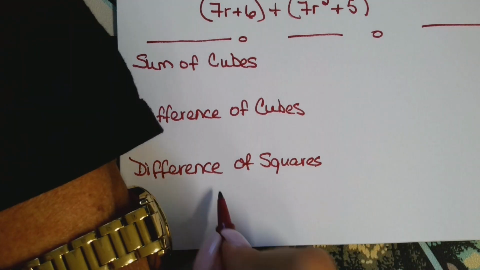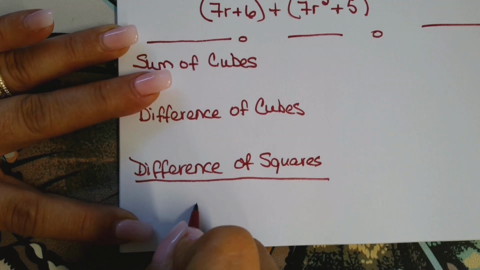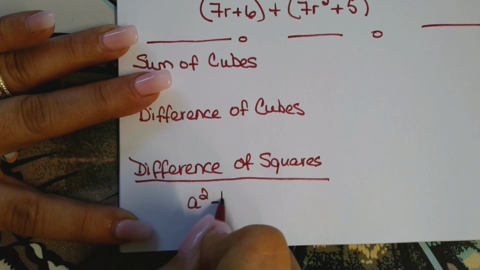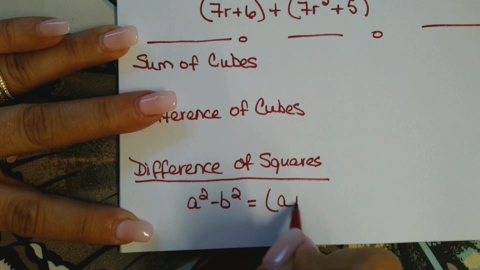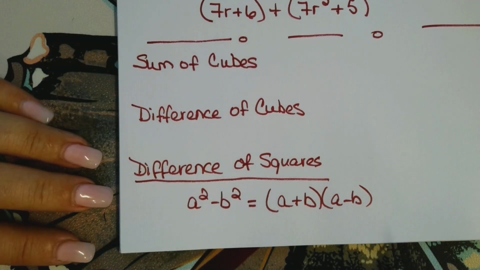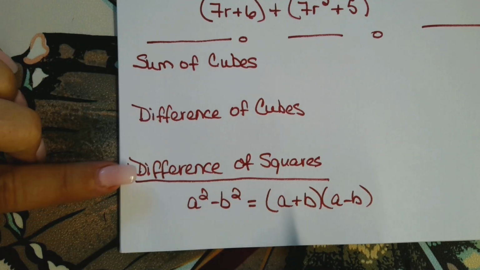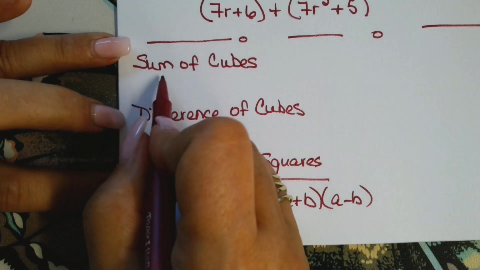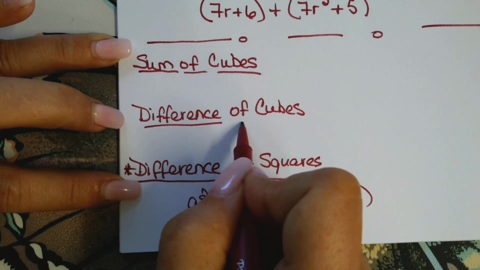All right, the one everybody knows is difference of squares. If you have a squared minus b squared, that is equal to a plus b, a minus b. Yes, you have to memorize these. There's no other way around it. So you need to memorize this one. You need to memorize sum of cubes and difference of cubes.